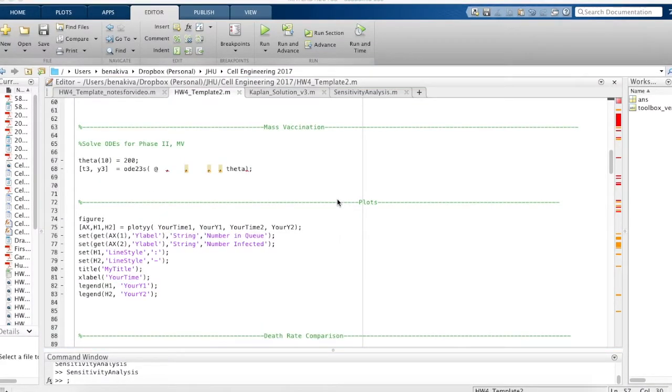So the next thing we're going to do is solve for the mass vaccination strategy. So your phase 1 is exactly the same, so we're just going to solve the ODEs for phase 2 for the mass vaccination case. So the ODEs are the same as they were before, but now the initial conditions are going to change.